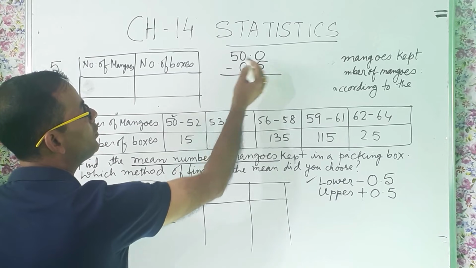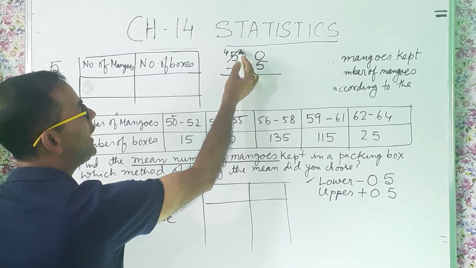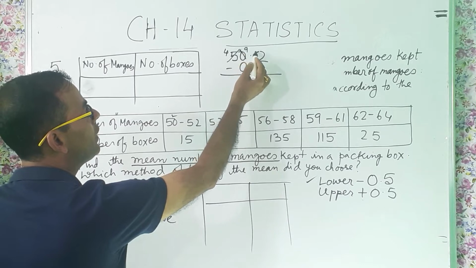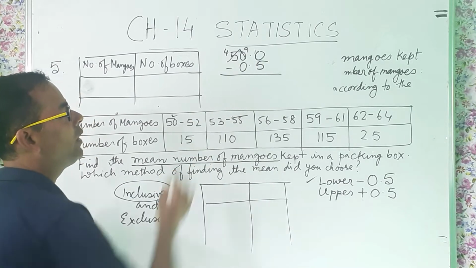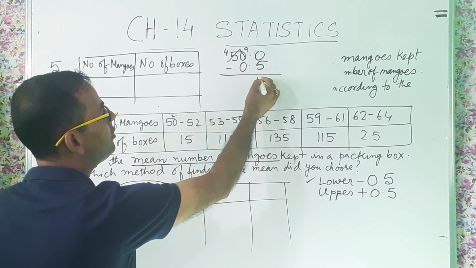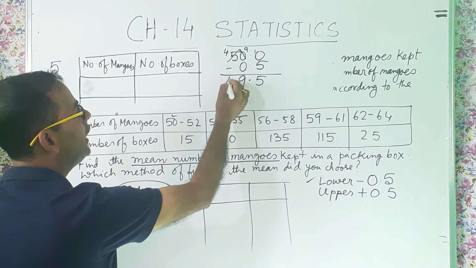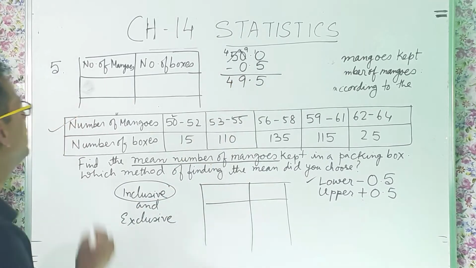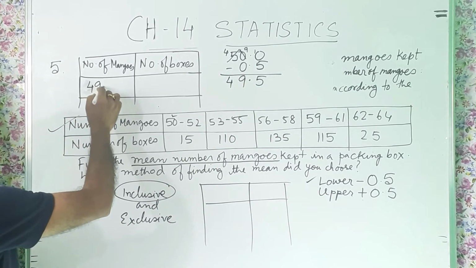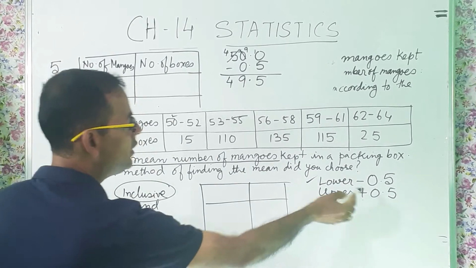Now I cannot subtract, I have to borrow. I will cut 5, make it 4, it becomes 10. 10 again I will cut, it will become 9 and it will become 10. 1 will come here. Now I can subtract 10 minus 5, 5. Then point below point, then 9 and then 4. So what I get? 49.5.